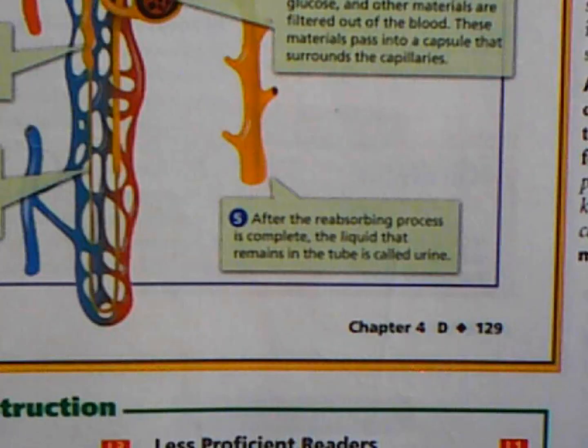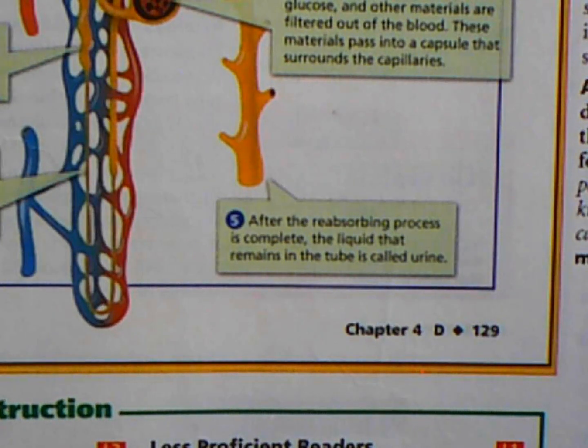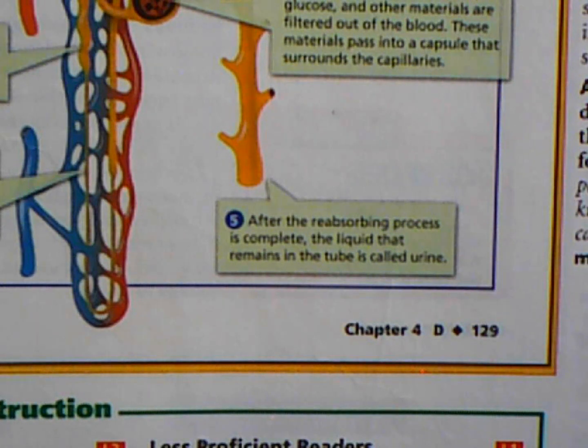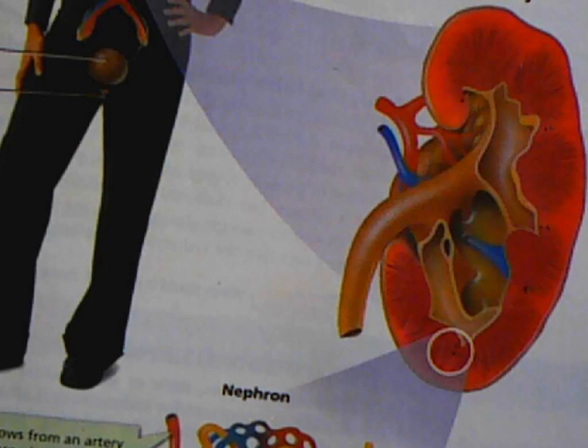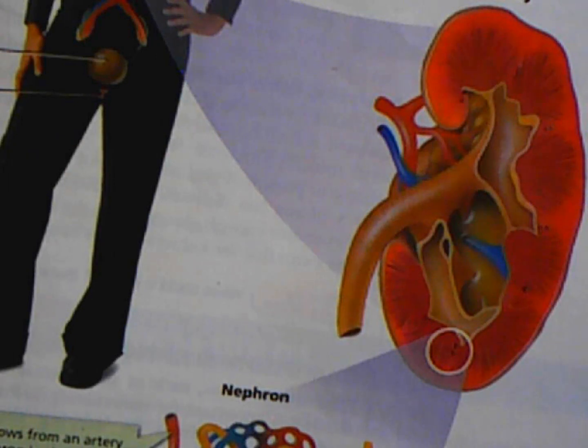And here you see number 5. After the reabsorption process is complete, the liquid that remains in the tube is called urine, and it goes to a structure that we call the ureter, and from the ureter it goes to the urinary bladder here.